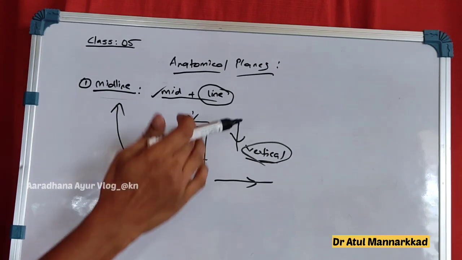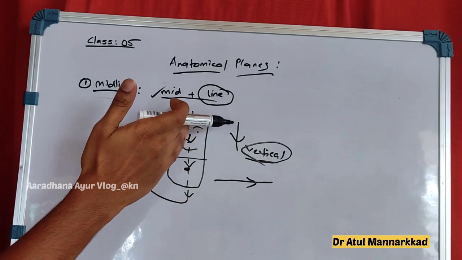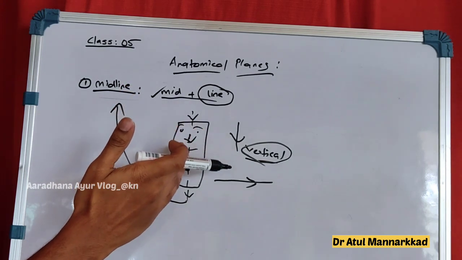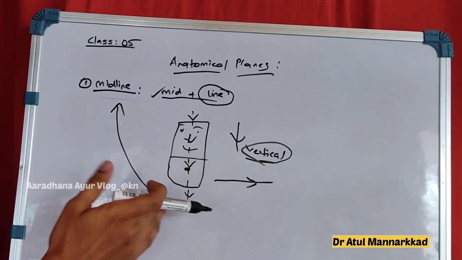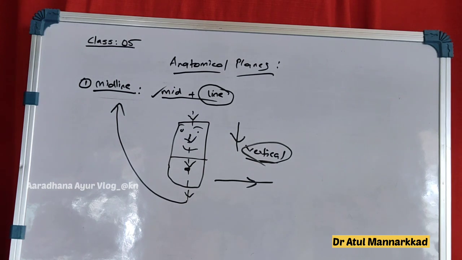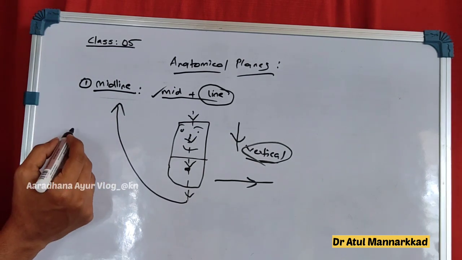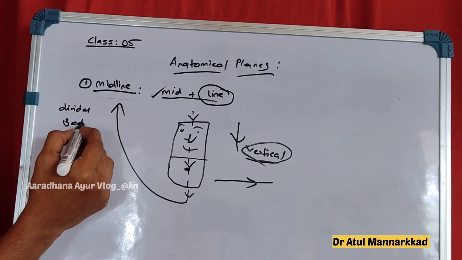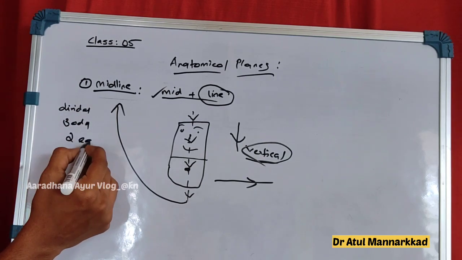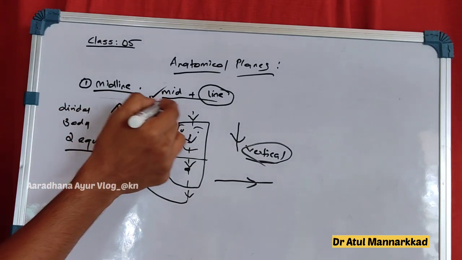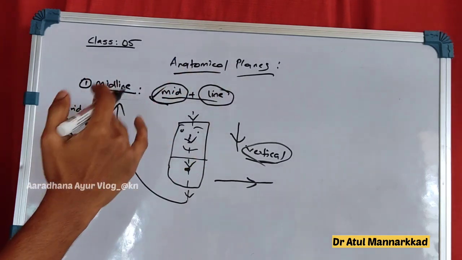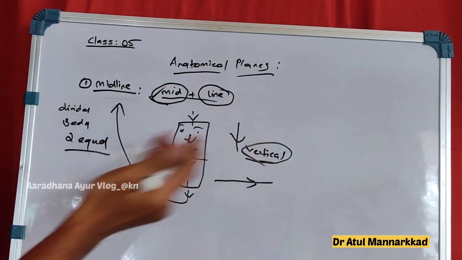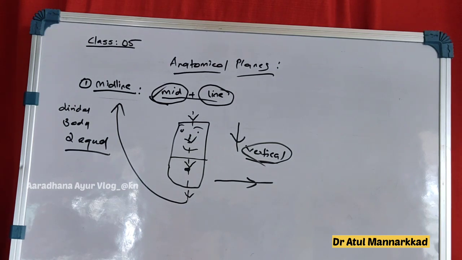So everything is the mid part, between the eyebrow, nose, mouth, umbilical region. That is what we call the midline, and it also divides the body into two equal parts. The name only suggests mid. So it divides into right and left, two parts. That is called the midline.